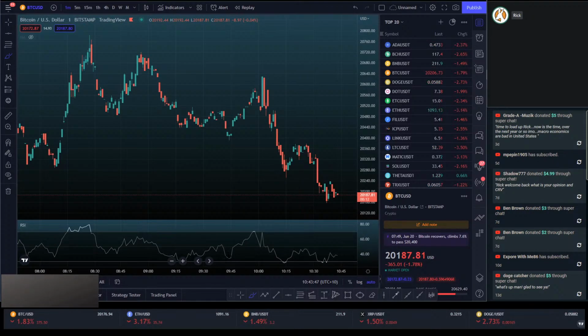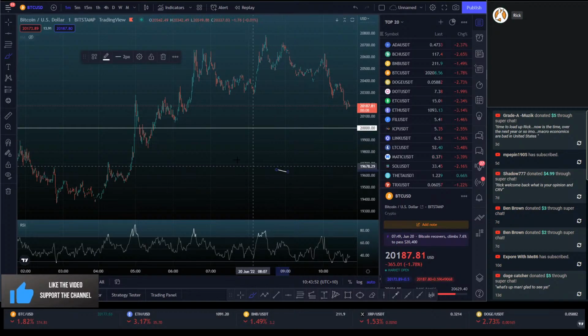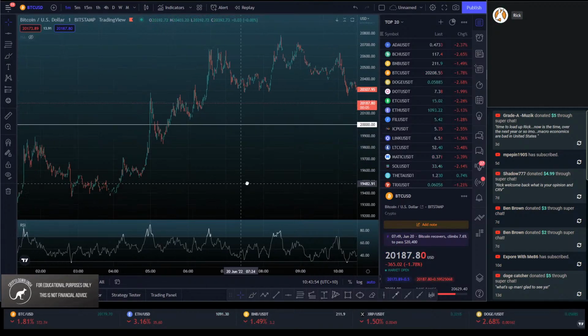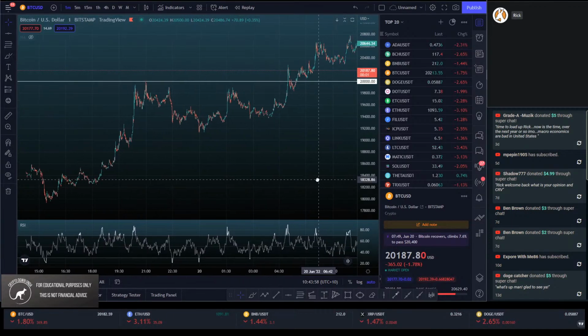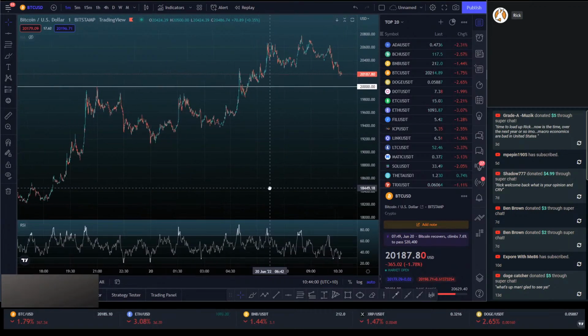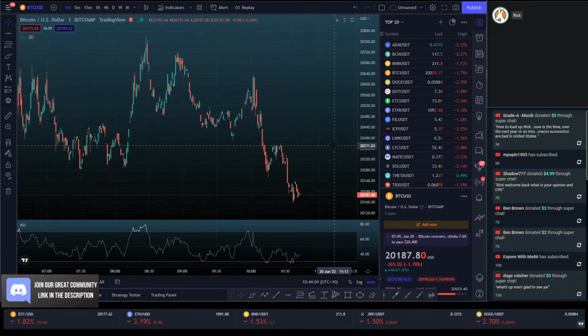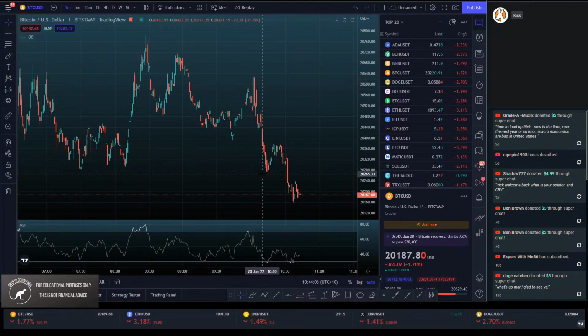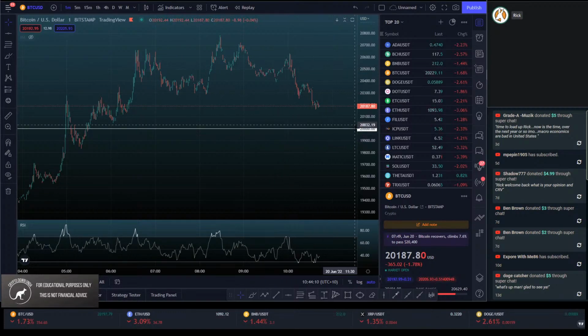I'm going to go down to the minute chart. Yeah, at least for the start of today's daily candle, we've got a big downtrend at the moment on the micro scale, on the minute chart.